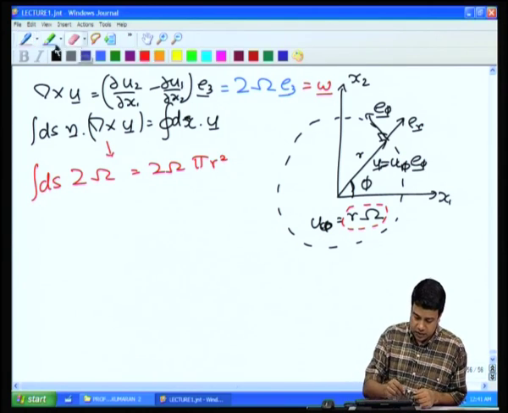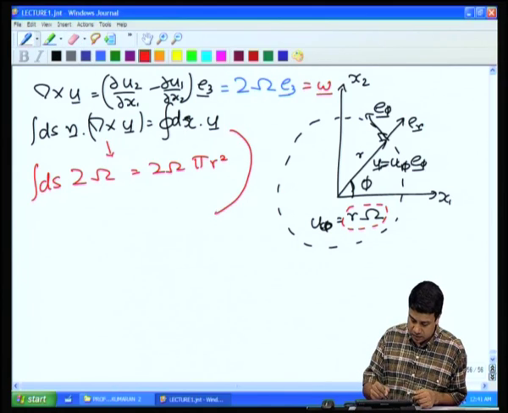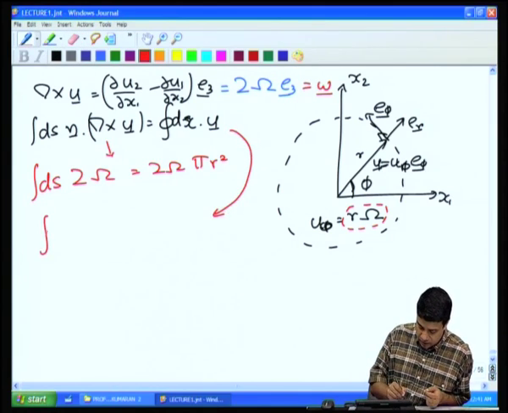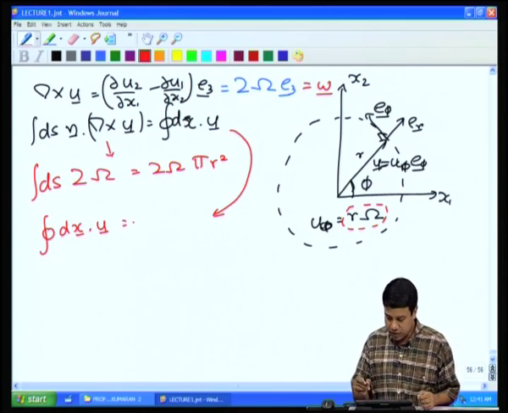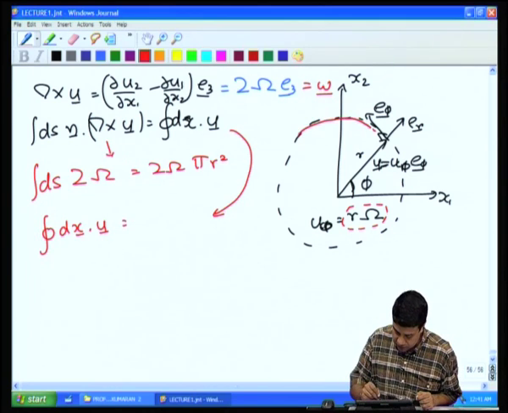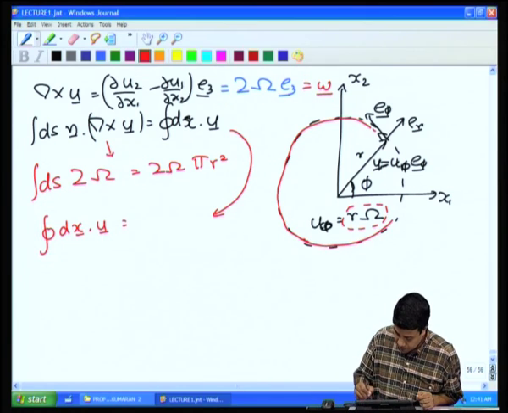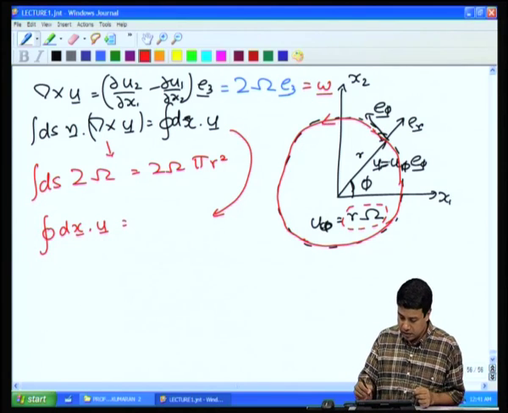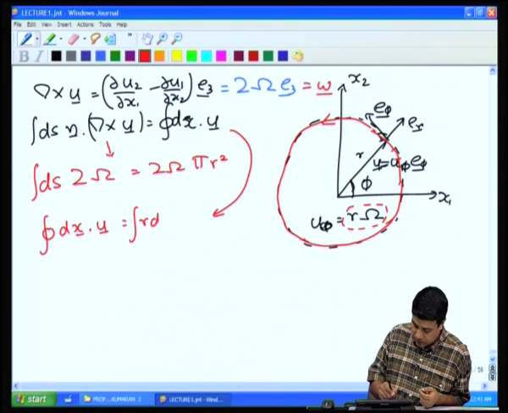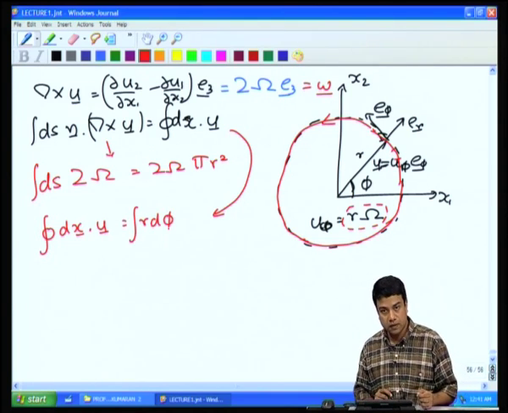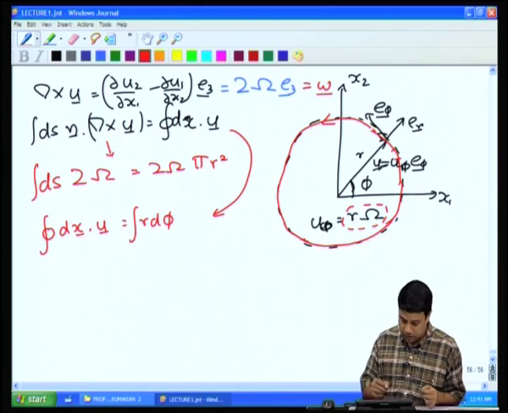If I calculate the circulation, so this thing is what is called the circulation, integral of dx dotted with u. Dx now is along the perimeter of the surface. The incremental distance along this perimeter is r d phi, times u phi, which was equal to omega times r.